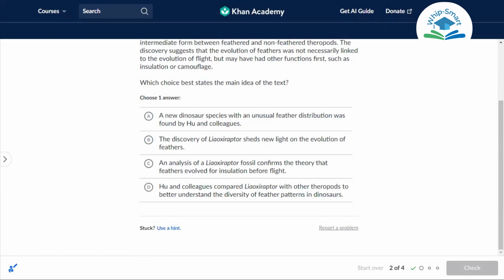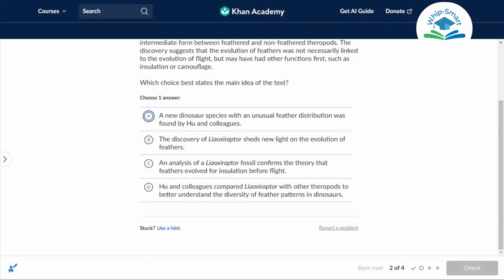Choice B: The discovery of the fossil sheds new light on the evolution of feathers. 'Sheds new light' basically means giving some more information, saying something new about the evolution of feathers that was not mentioned earlier. As you told us earlier, they already knew about the camouflage and insulation?